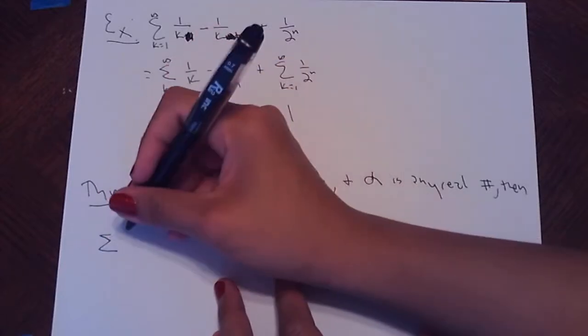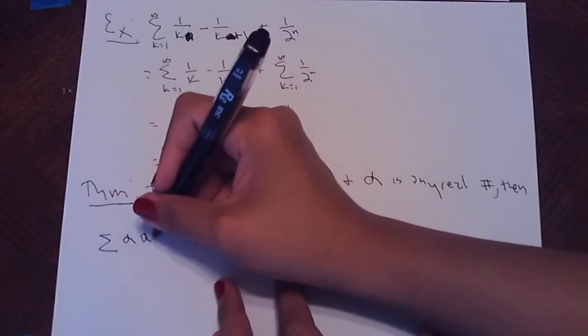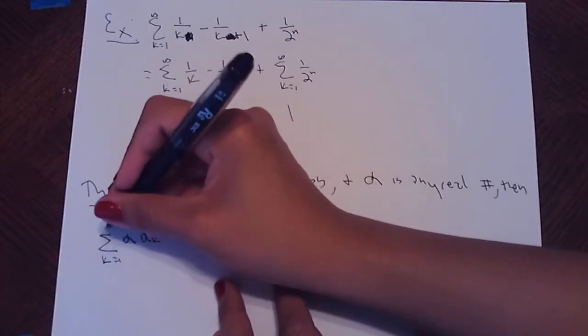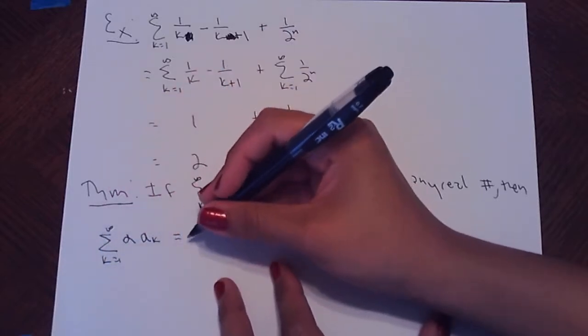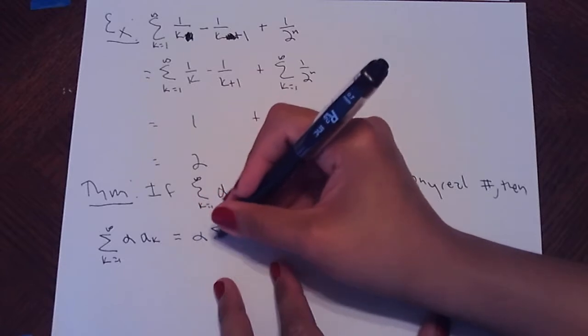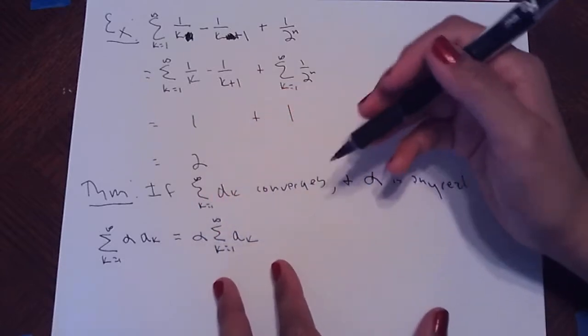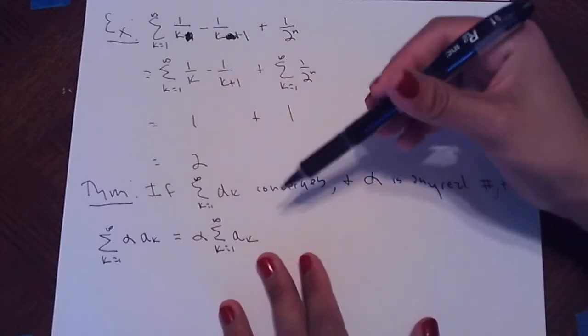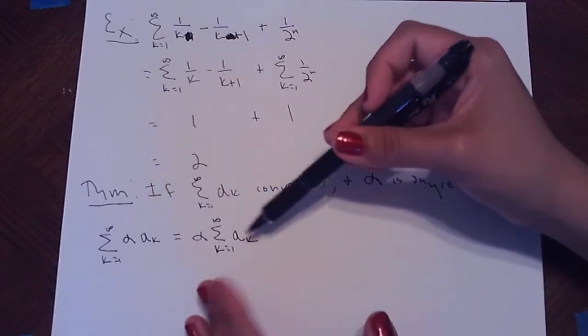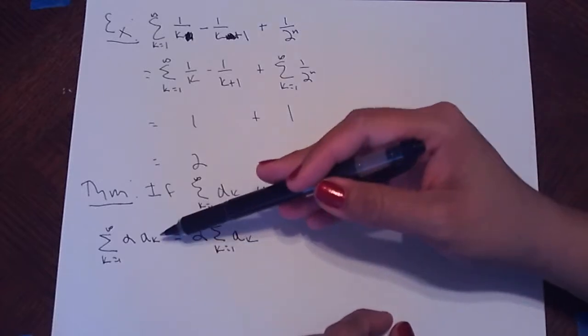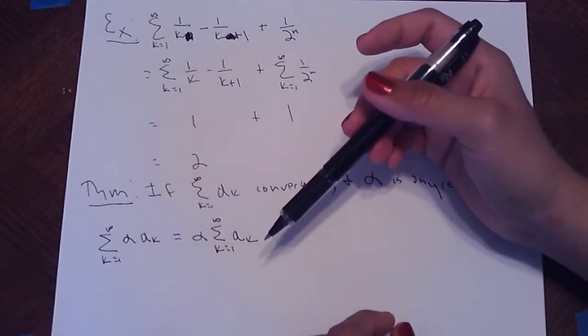If I've got alpha times a sub k, this is going to be the same thing as if I pull that alpha out. So if I know that this guy converges, I presumably might know what it is, and then I can actually just compute this without having to write that alpha in every time.